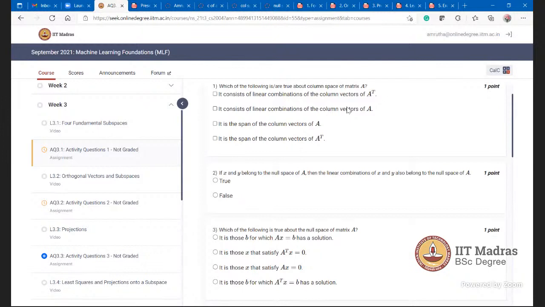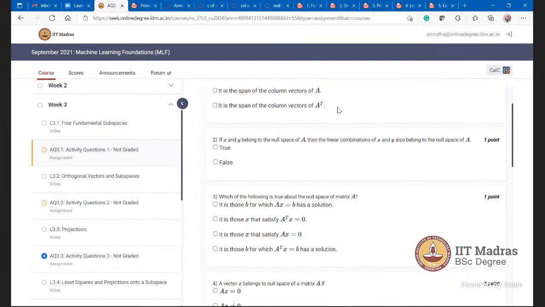So in that sense, we are saying it consists of the linear combinations of the column vectors of A. It consists of the pivot columns, which means the other columns dependent on those pivot columns are also in this space. Okay, that means the other columns are linear combinations of the pivot columns. Yeah, that's why we say it like that. Okay, thank you, ma'am.